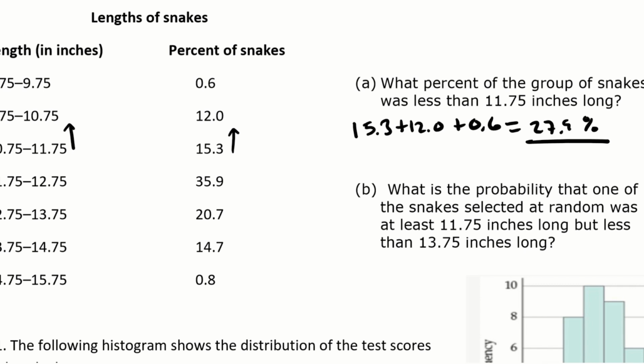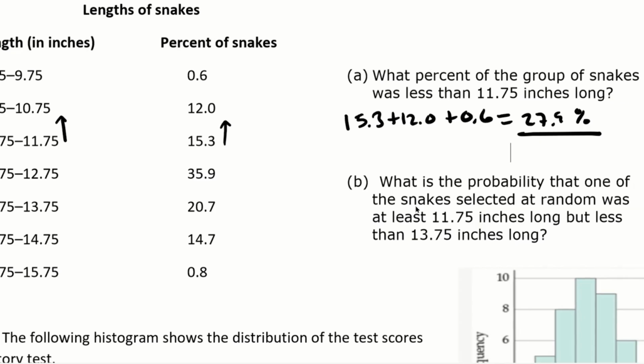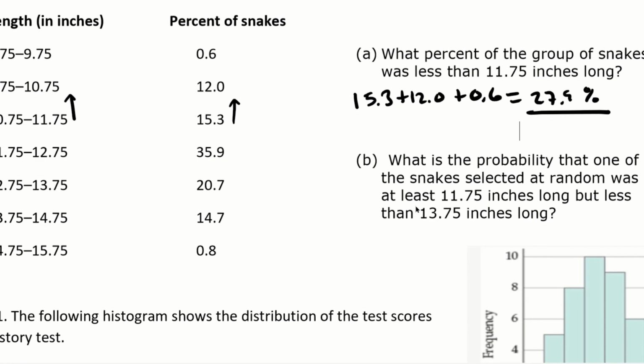What is the probability that one of the snakes selected at random was at least, so that means greater than or equal to, 11.75, but less than 13.75? So at least meaning we're going here and down all the way to 13.75. At least 11.75 means we're going to include this, and but less than, so we're going to include these two.